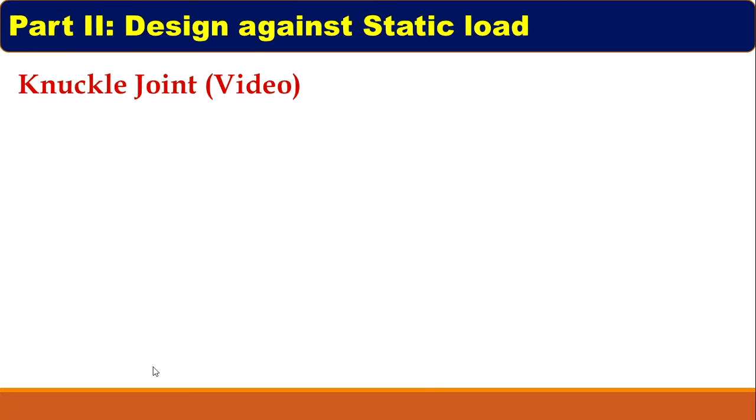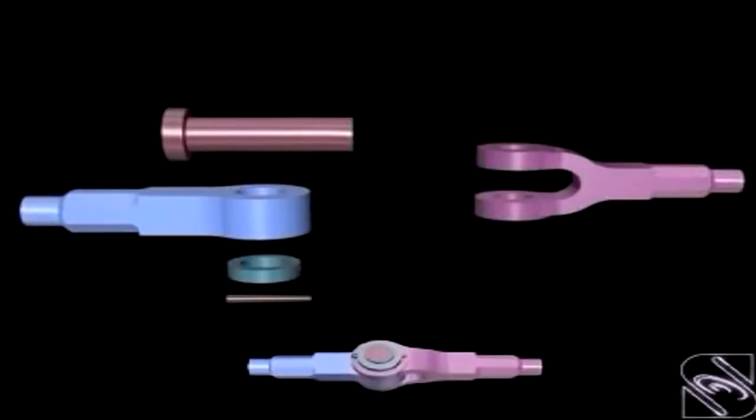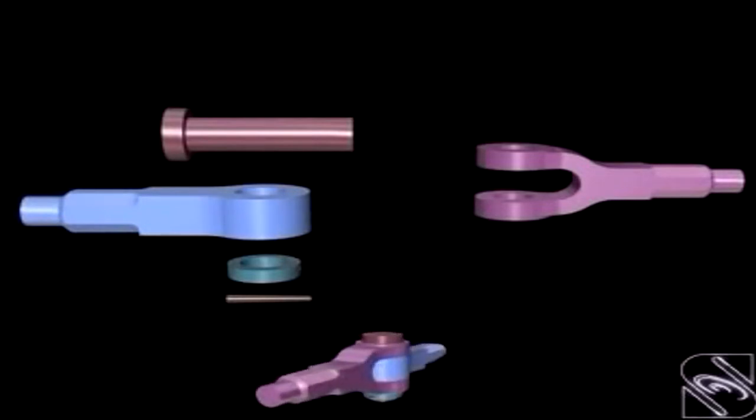Then let us go through the video of knuckle joint. Through this video you can identify the parts of the knuckle joint. Knuckle joint is used to connect two round rods whose axes intersect in the same plane.